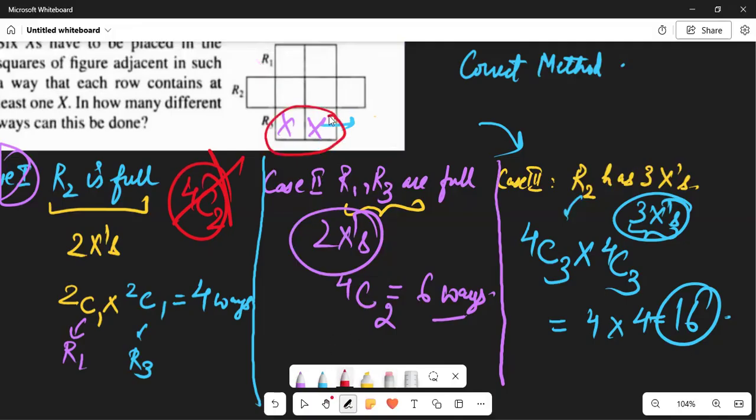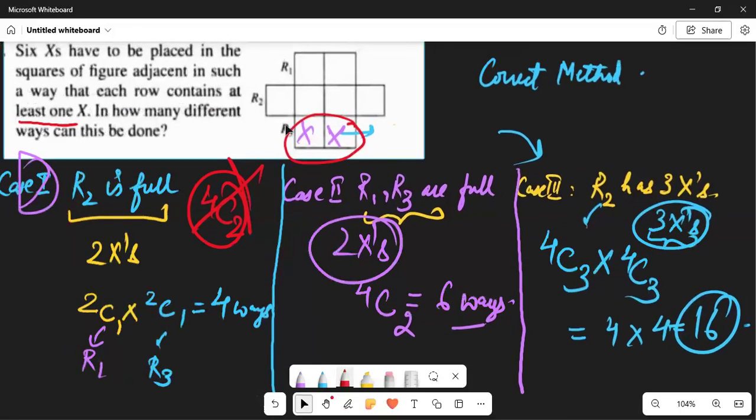So this would have been wrong, because be careful that you have to fill at least one x in each row. So if you had done 4C2 to choose the 2 squares out of those 4 squares from R1 and R3, it would have been wrong, because if it is x and x from R3, then R1 would have remained empty, which is not possible.